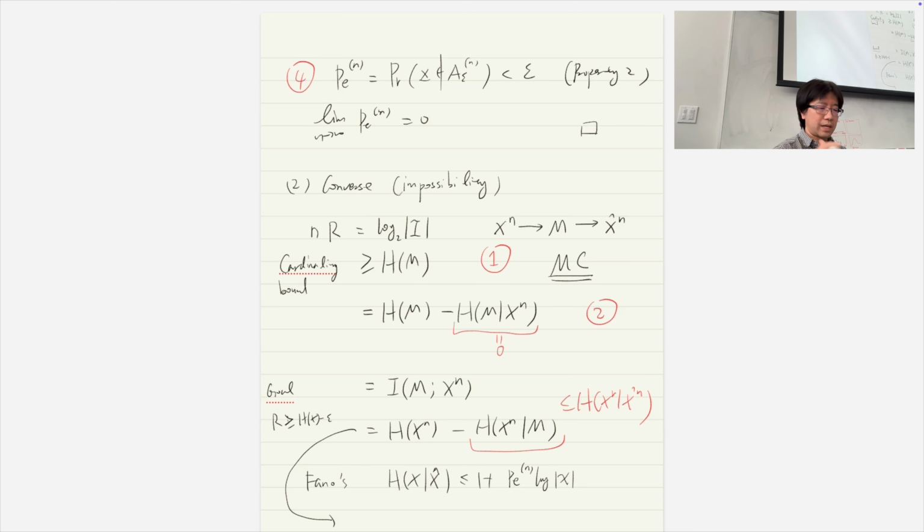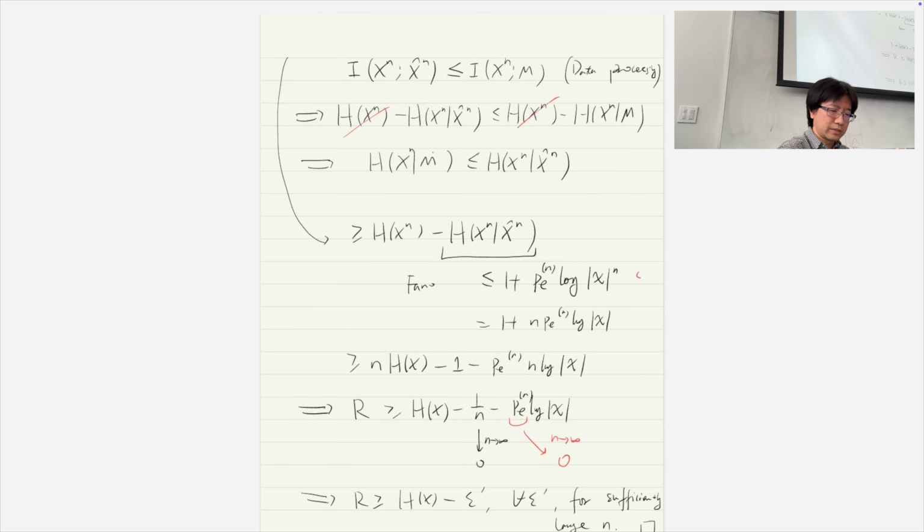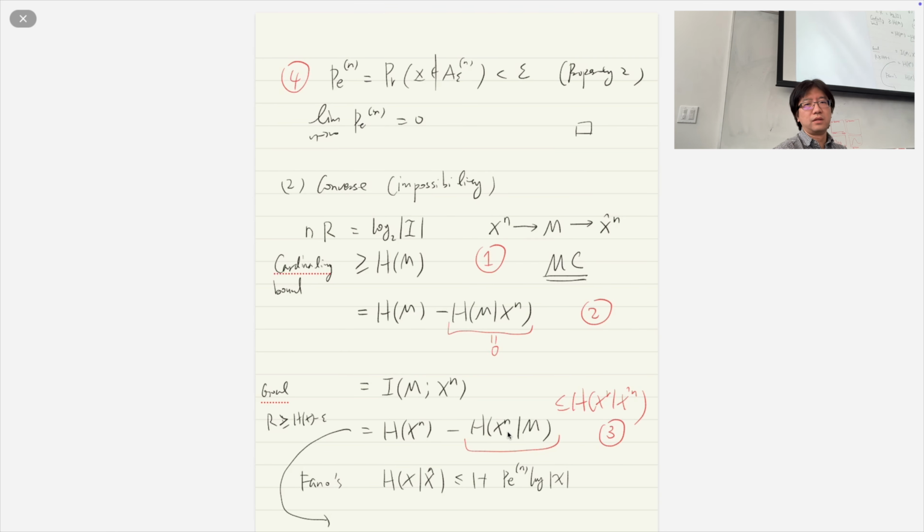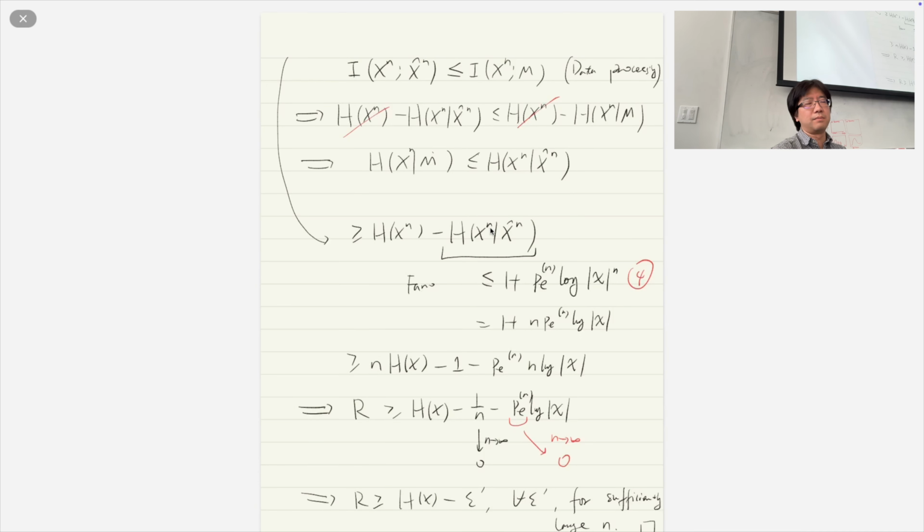Step 3 is to expand the mutual information in another way. And step 4 is to use Fano. Once we have this conditional mutual information, by some manipulation we can get this, and then by using Fano, this guy will disappear. That's the idea all the time.